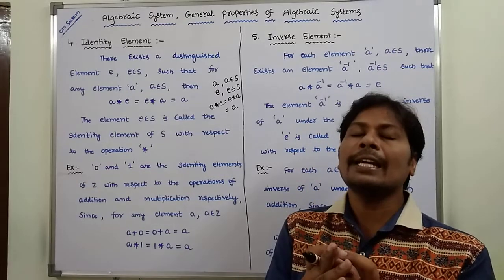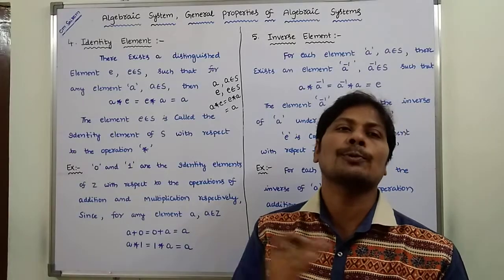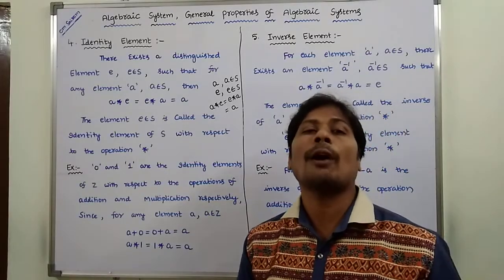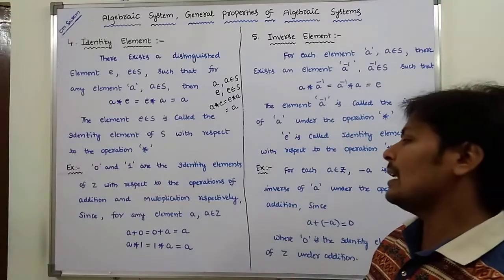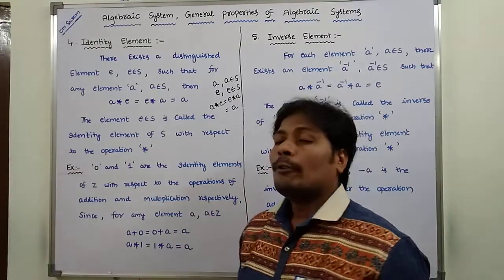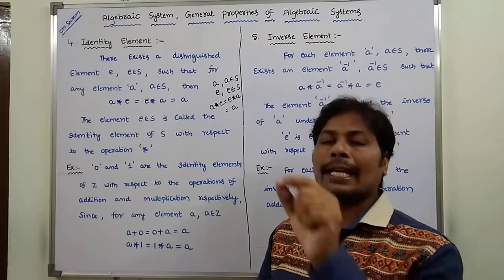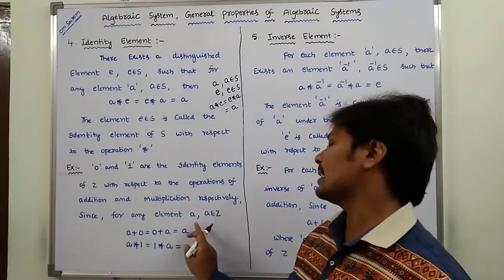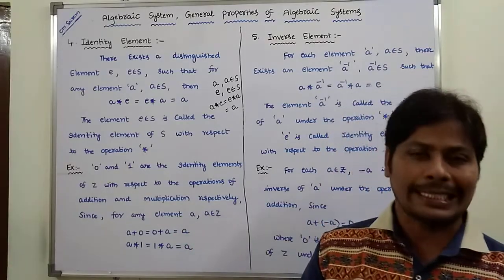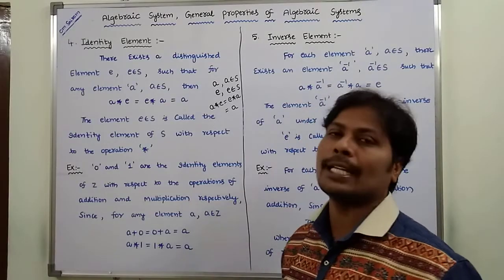So these identity elements 0 and 1 also belong to Z with respect to the operations addition and multiplication. Then we can take any element A from the non-empty set Z, so A belongs to Z. It must satisfy these two conditions.